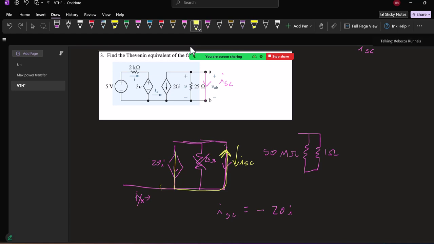So now, we can't use the values that we had before because this is a new circuit, and so VAB is not what it was before because we now have a current flowing through it. What is VAB right now in this circuit with the short?